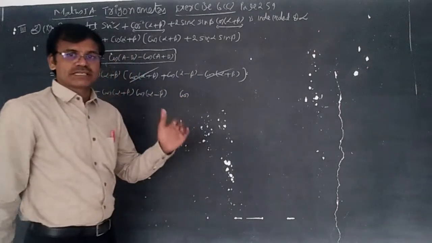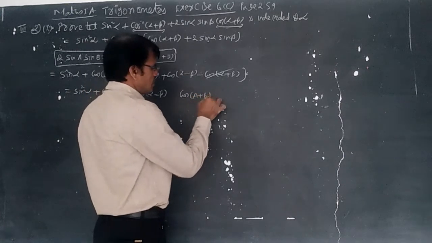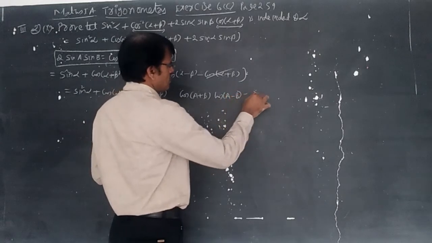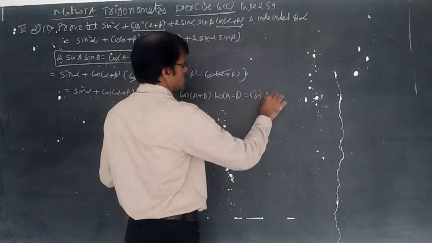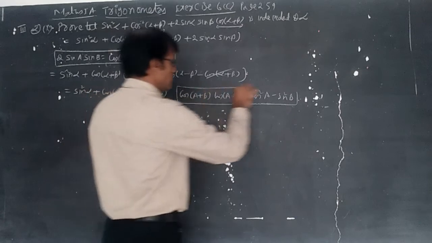Before going to discuss the exercise 6A topic, I said the formula: cos of (a plus b) into cos of (a minus b) is equal to cos square a minus sin square b.